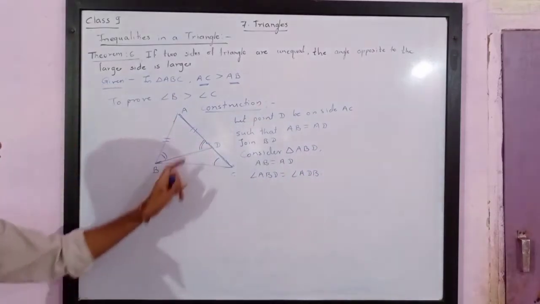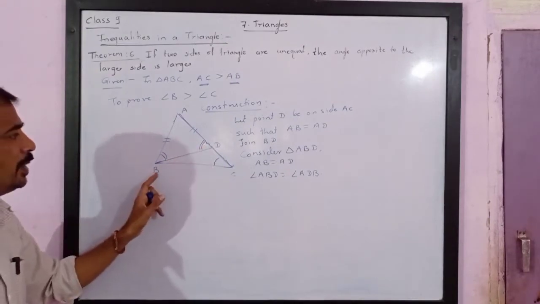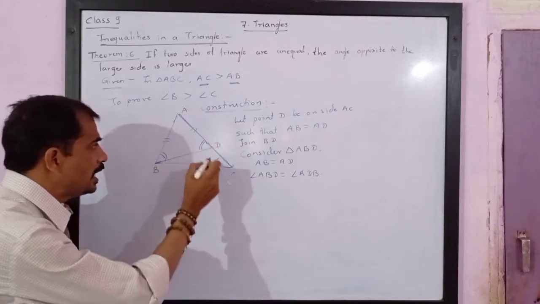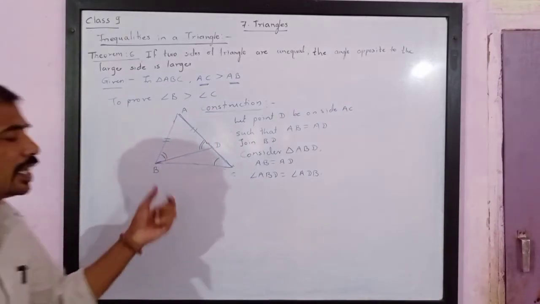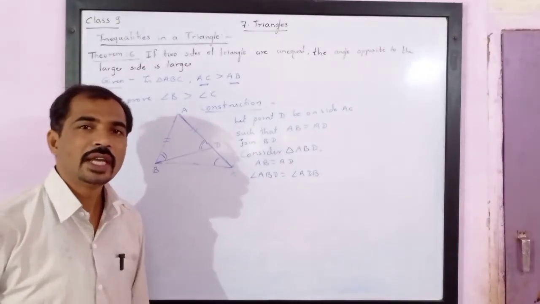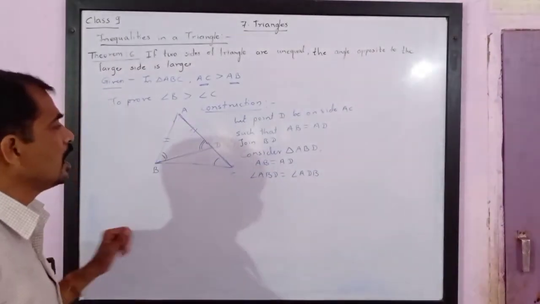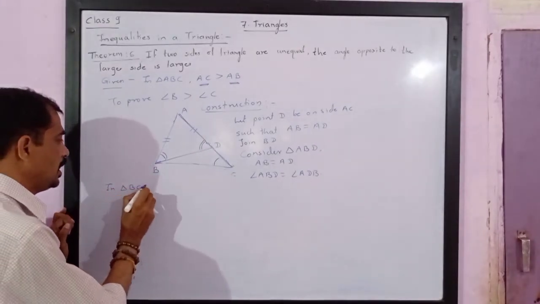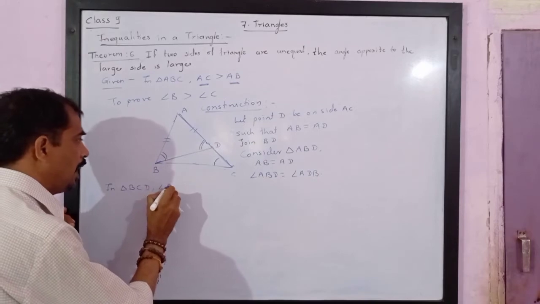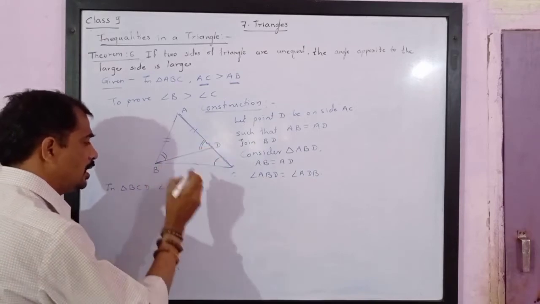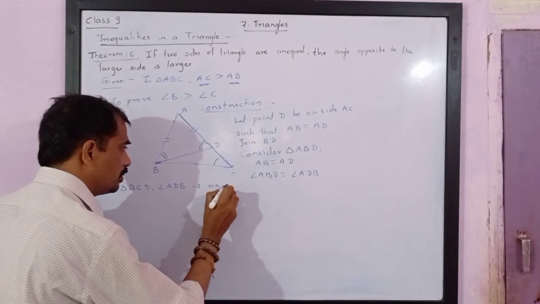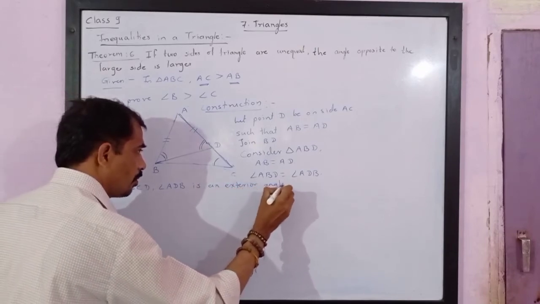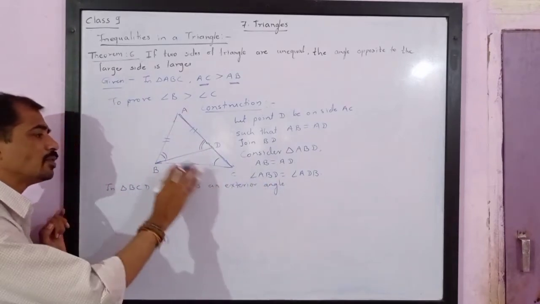Now see, in triangle BCD, this angle ADB is an exterior angle. We have studied earlier that an exterior angle makes a linear pair with the interior angle of a triangle. We have studied two theorems on exterior angle.